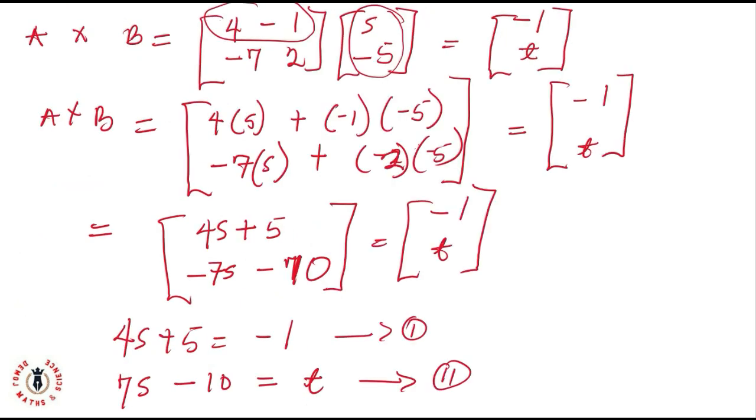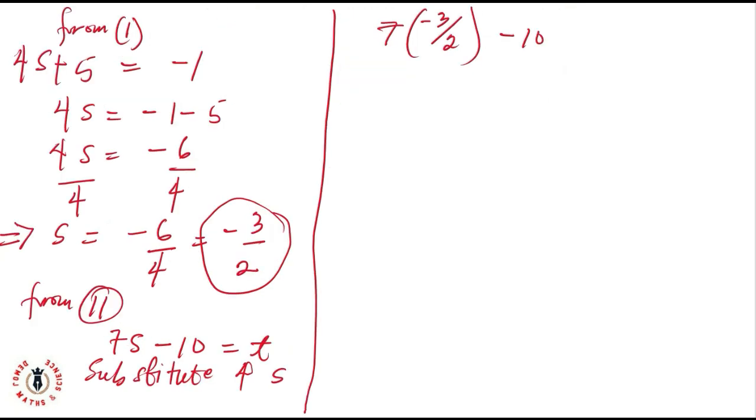This is minus 7S, yes. This is minus 7S. So I should have minus 7S here, minus 10 is equal to T.